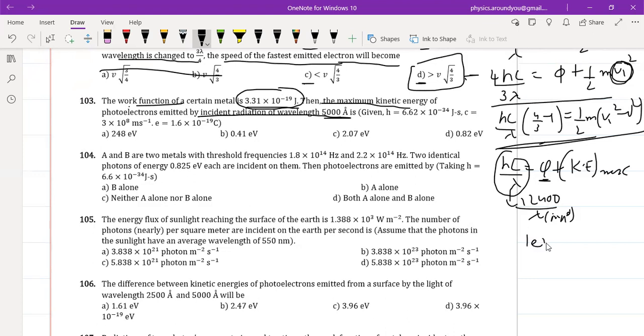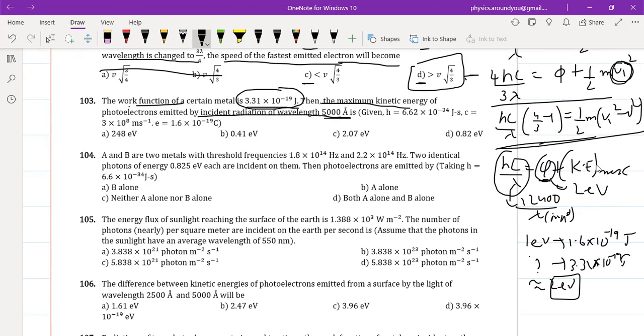I know that 1 eV is 1.6 into 10 power minus 19 joules. So how much would be 3.31 into 10 power minus 19 joules? Well, if you do the math, it would be approximately 2 eV. Okay, so the threshold function is 2 eV, and the incident energy I can calculate by 12,400 by lambda in angstroms.